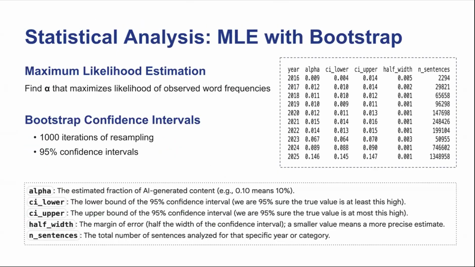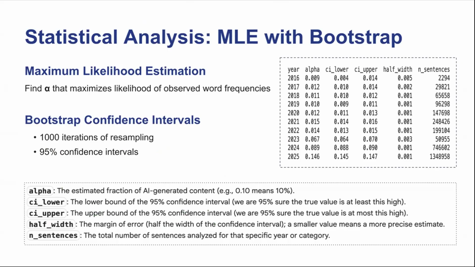Okay, so now looking into the MLE with Bootstrap. Using those exact baselines, we conducted the maximum likelihood estimation to find alpha, again, to observe these word frequencies. On the right, you can see the results for different years from 2016 to 2025. What we have to keep in mind here is what alpha, CI lower, and CI upper mean. Alpha is the estimated fraction of AI-generated content.